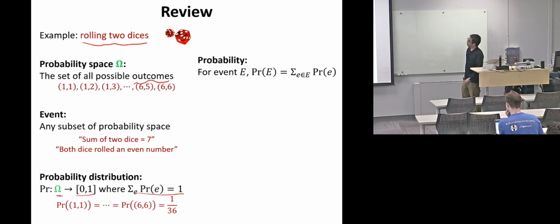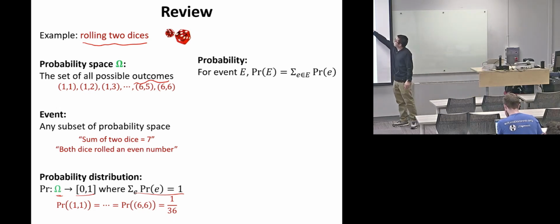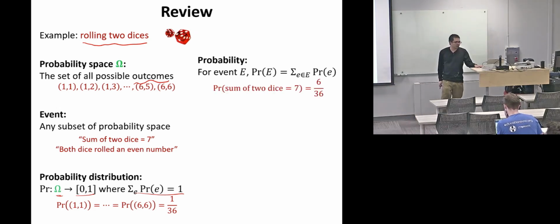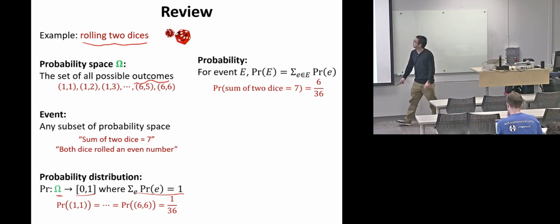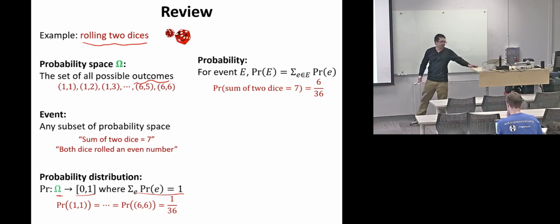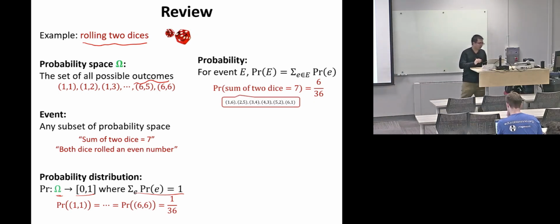And the probability of an event is just the sum of the probabilities of all the outcomes in the event. For example, the probability that the sum of 2 dice is 7 is this much, because there are basically 6 outcomes here that are in this event, right?